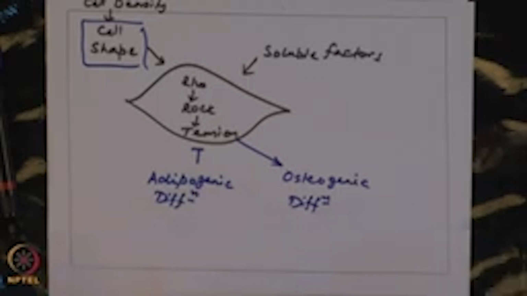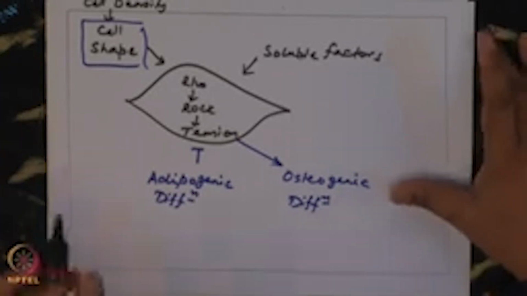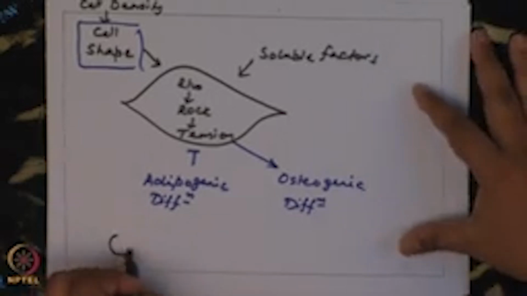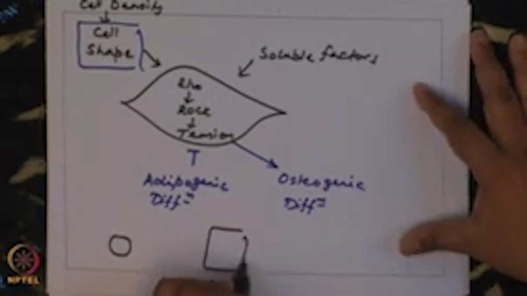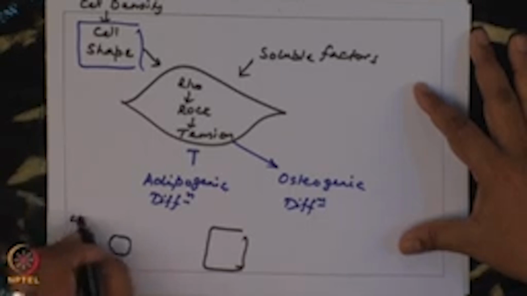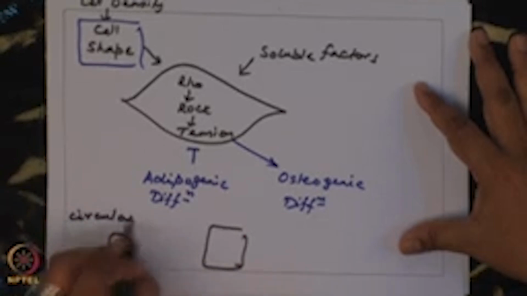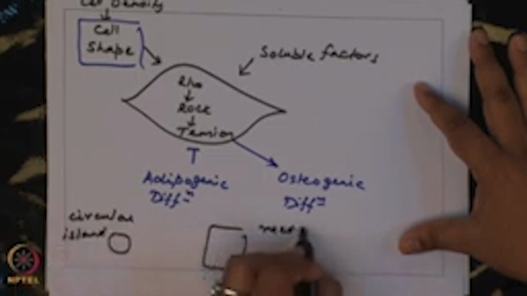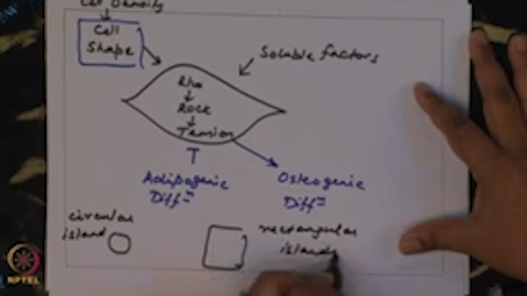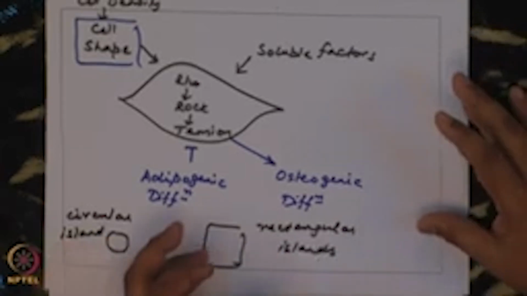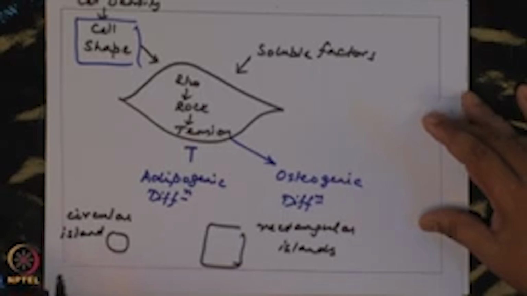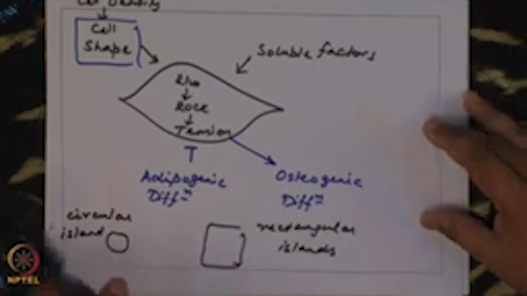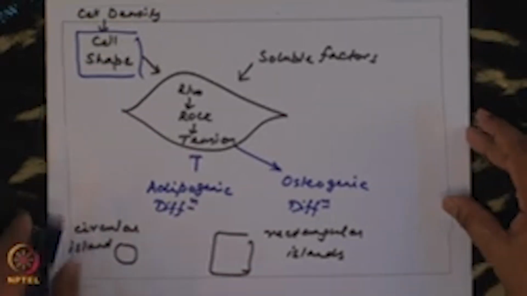cells. Now, in this study the authors used islands of different shapes and sizes. You had a circular island or rectangular islands. So, there is a possibility that the difference the authors observed is also because of shape.